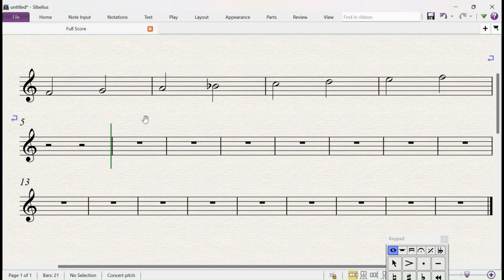So for demonstration, I will be using the F major scale. F major has one flat, it has a B flat. All right, and as the heading says, perfect and minor intervals, you are going to make them diminished.